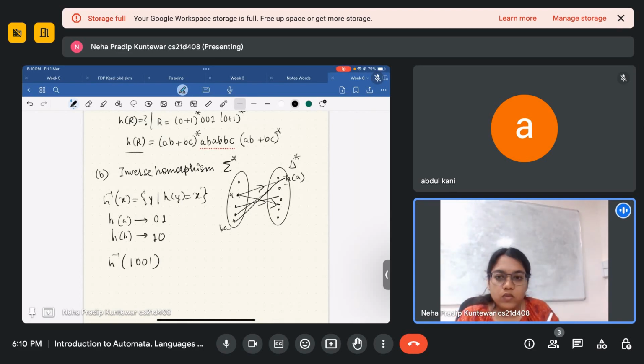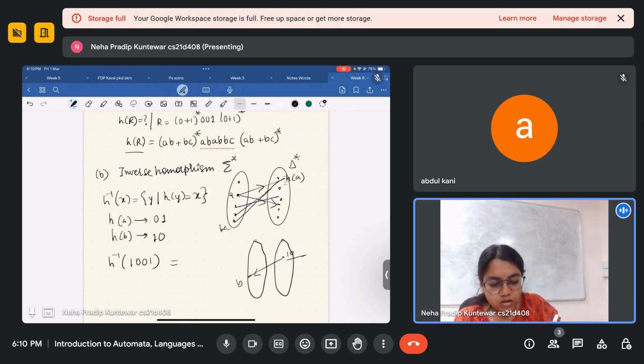Okay, so what does that look like? Notice that if you ever reach a 1 0 on this side, then the string has to start with B, because if it started with A, it would have produced a 0 1, which is not the case.